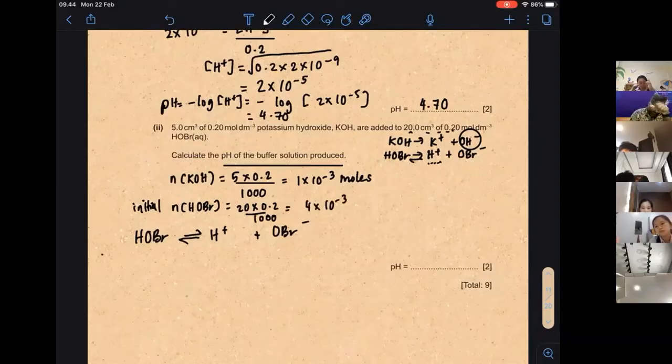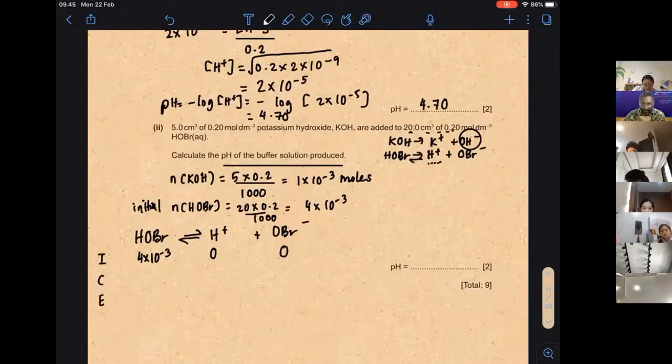If you follow ICE, initially HOBr is 4 times 10 negative 3, and initially the product was 0. Now, at equilibrium, how much HOBr are you going to have?